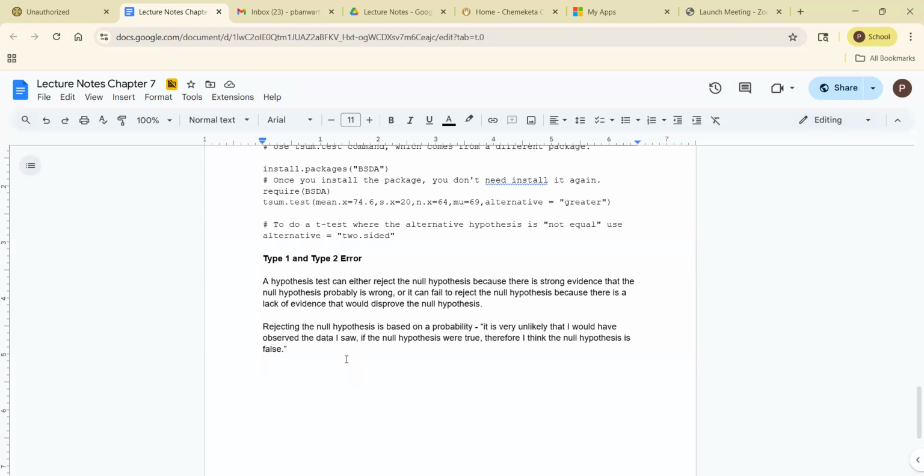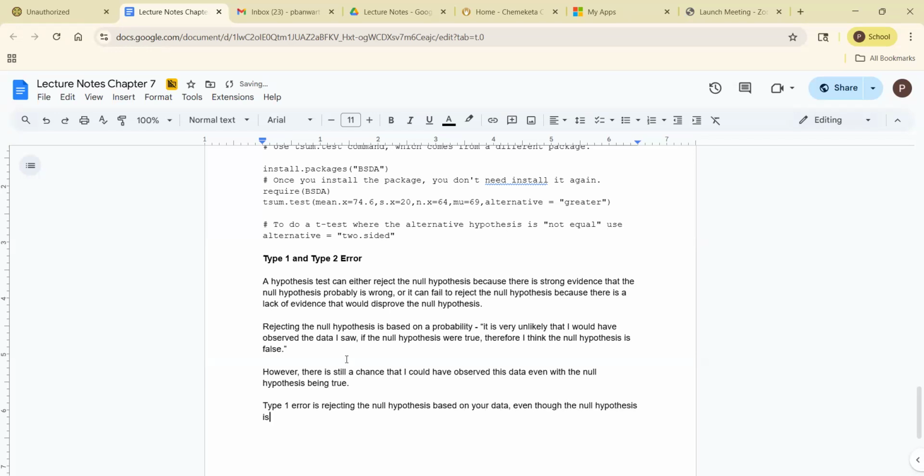Although it's very unlikely, there's still a chance that I could have observed this data, even with the null hypothesis being true. So type 1 error is rejecting the null hypothesis based on your data, even though the null hypothesis is in fact true.